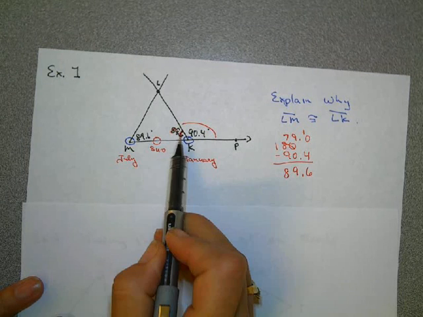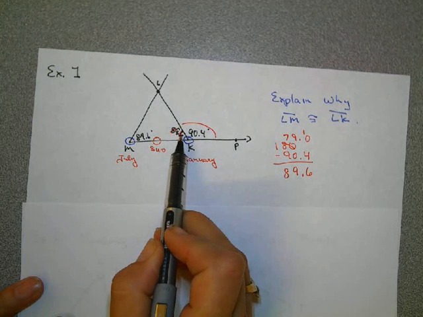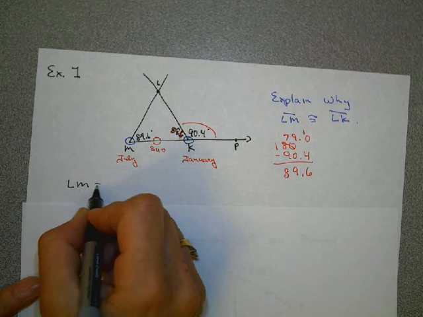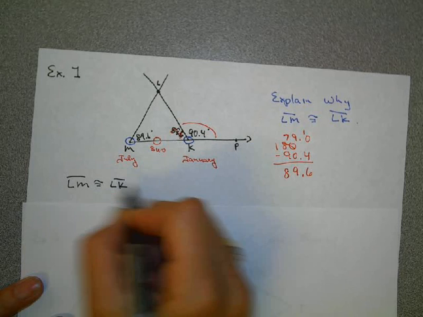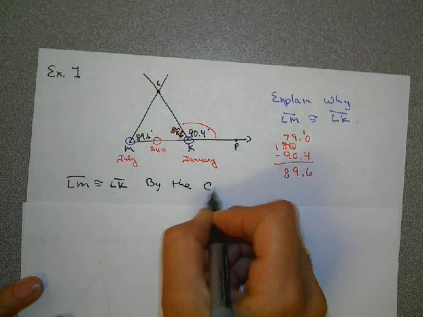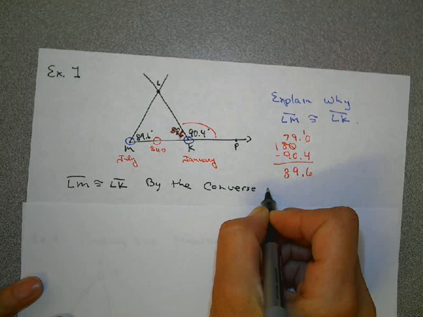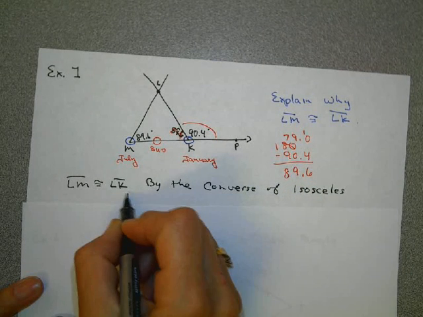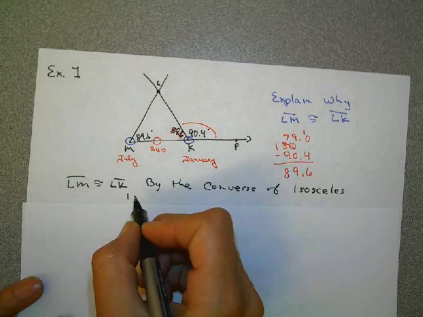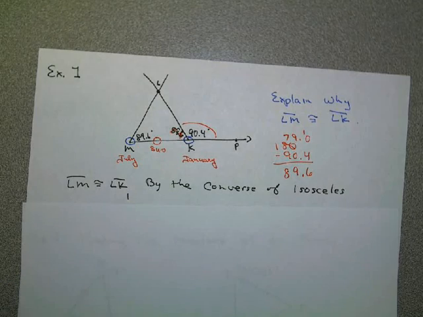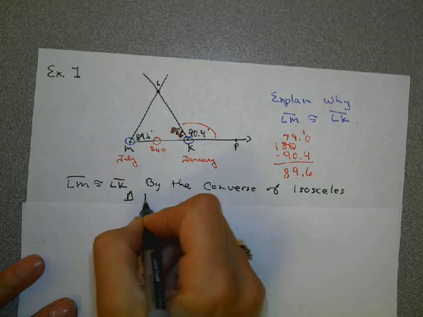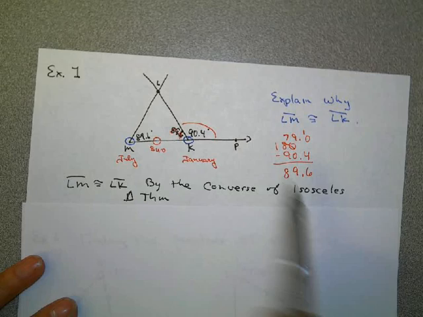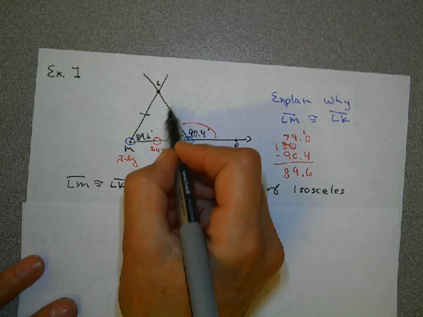So I would say LM is congruent to LK by the converse of the isosceles triangle theorem, which says if the angles are alike, the sides must be. Okay? So that's one way we might use it.